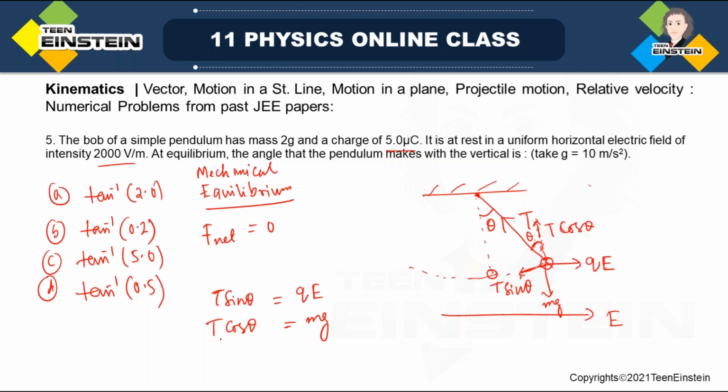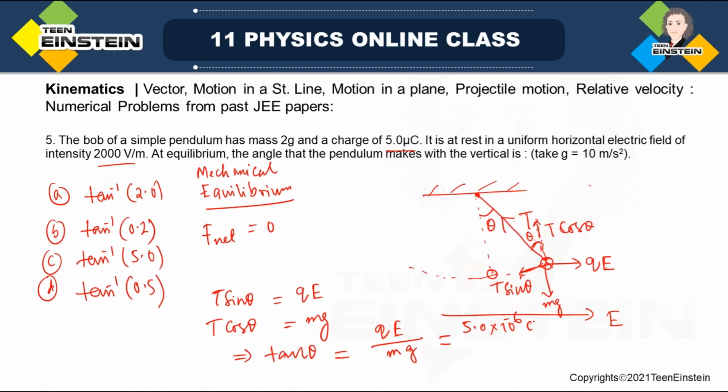Now I can easily take the ratio and get rid of T, the tension. So tan theta will be QE by mg. Anyway, g is 10 meter per second square, m is given 2 gram. Q is also given, 5.0 into 10 to the power minus 6 coulomb.